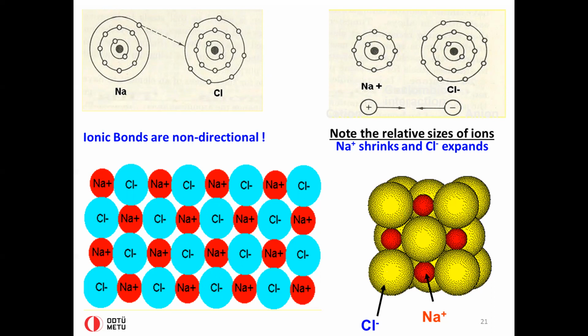So here the ratio of 1 ion being surrounded by 6 ions is not a golden rule. It is the case for sodium chloride, and the reason it is 1 to 6 is because you have an equal number of sodium and chloride ions in the overall structure, and also related with the relative size of the two ions.